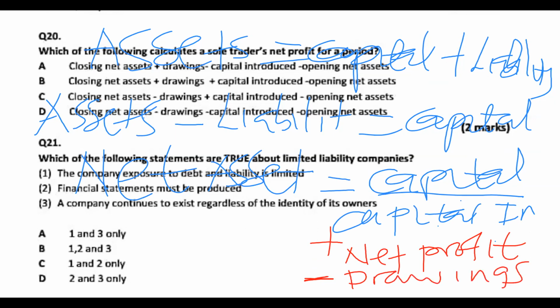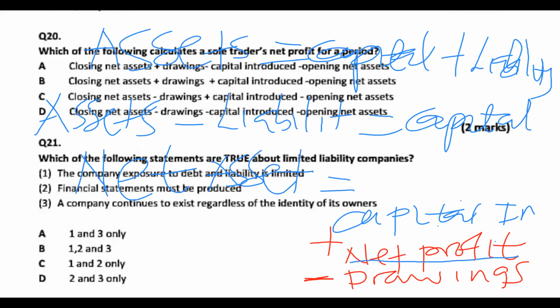In short, this is what is on the right side of the equation. So you're just making net profit the subject of the formula, right? From basic mathematics, we are expressing the whole expression in terms of net profit.